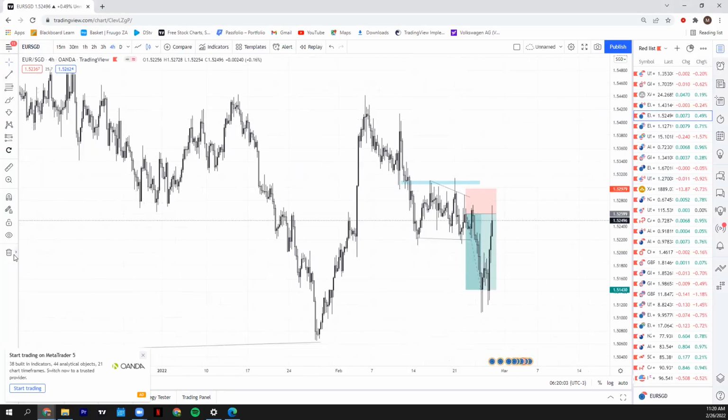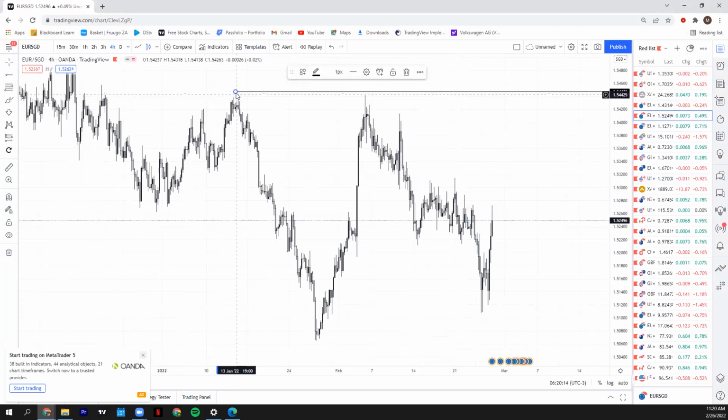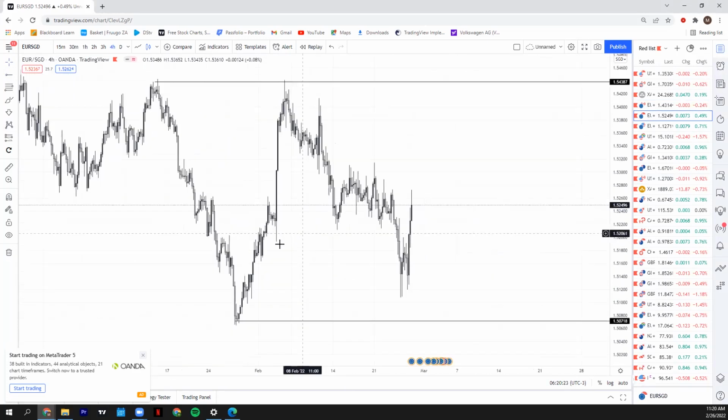If I just take it from the top, remember 4-hour time frame, you can see we have a double top. That is a double top. No matter what you think it is, it's a double top. And that is our lowest low.